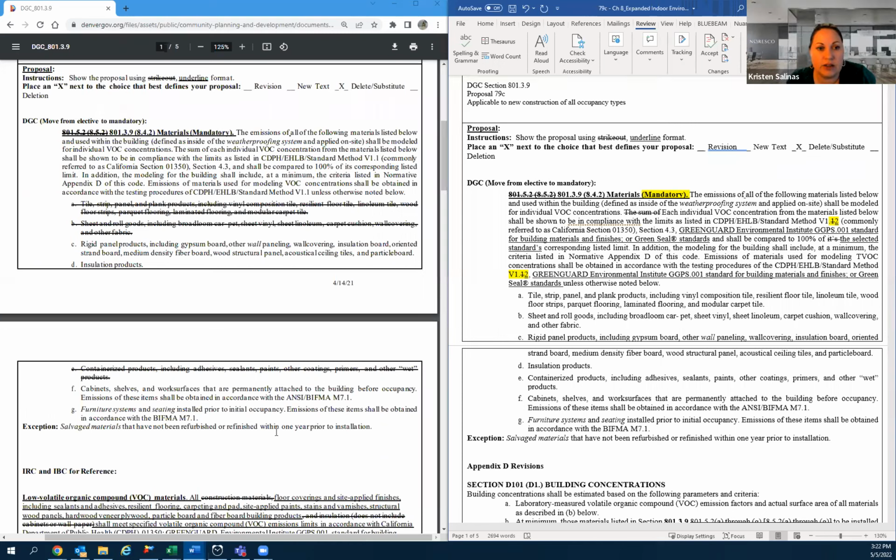And I think what the city has said on past code hearings is that once everything gets approved or disapproved, we will look at it measure by measure to figure out what is approximate to the other compliance pathways like LEED Platinum. So we will determine, if they're using the DGC as written pathway, what is considered mandatory or elective. And I don't know if the folks from the city want to elaborate on that.